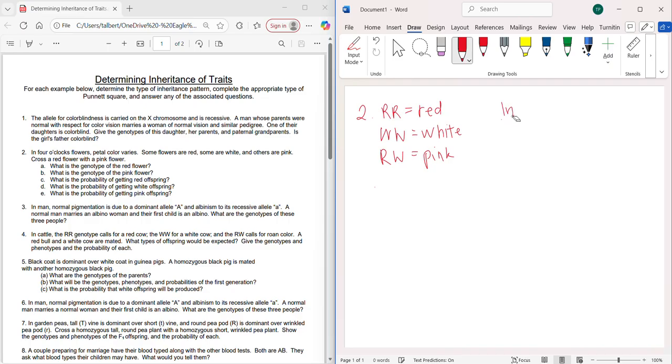And make sure you can either write it behind the number on your paper, or you can write it off to the side. But you need to write somewhere in the problem that this is incomplete dominance. And then it says to cross a red and pink flower.